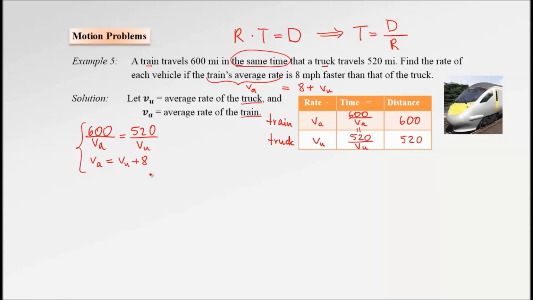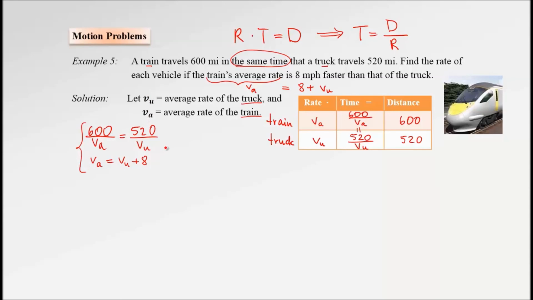Okay, so we've got our system of equations with two variables. However, notice that this could be done by using just one equation. Instead of introducing the average rate of the train, VA, we could write at once that this is VU plus 8. And I'm sure you've done similar questions before using just one variable, but since we are working with systems of equations, I introduced two variables.